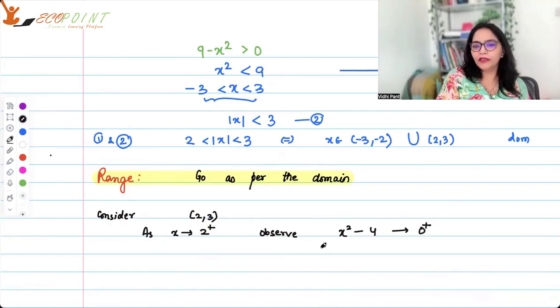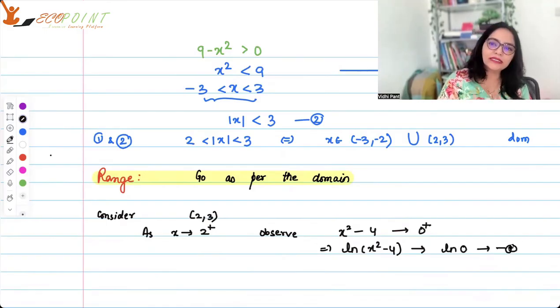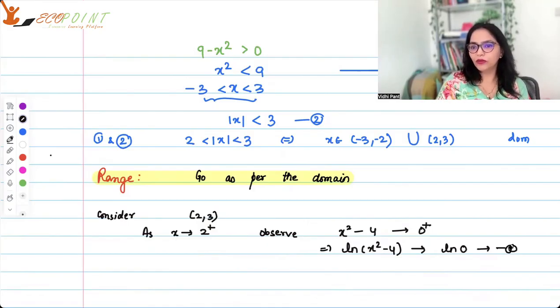And if that is happening, this implies that the log of x square minus 4 basically behaves like log of 0, which is minus infinity. So as x is tending towards 2, your numerator is tending towards minus infinity, and your denominator will be some finite number.